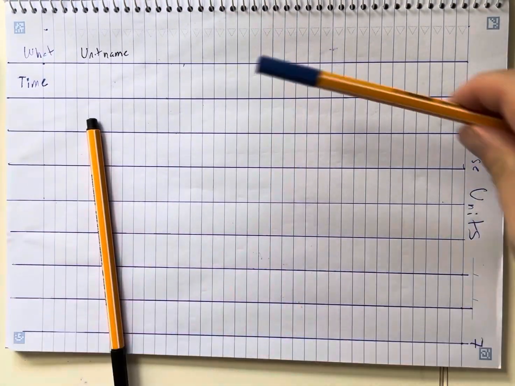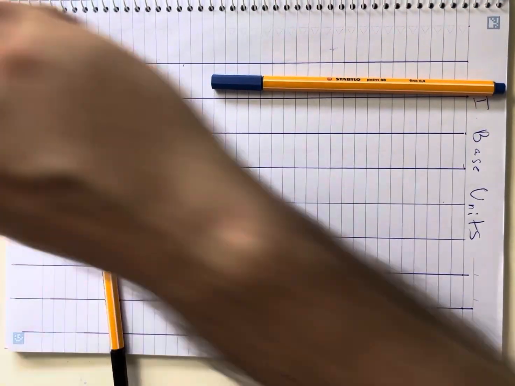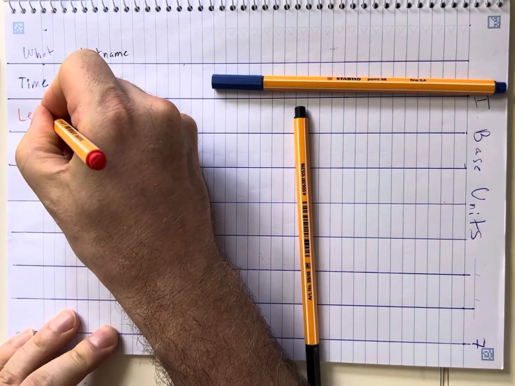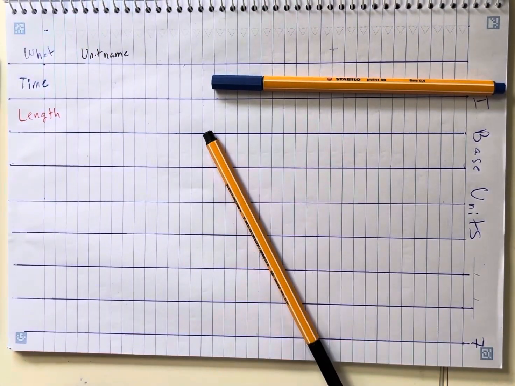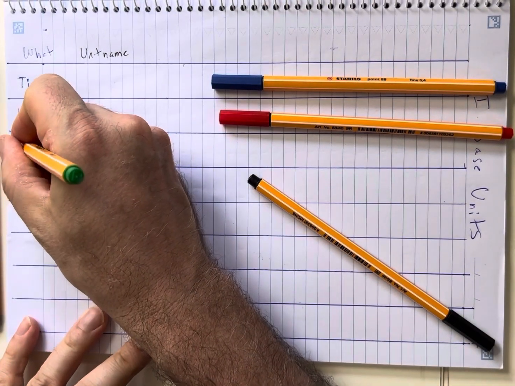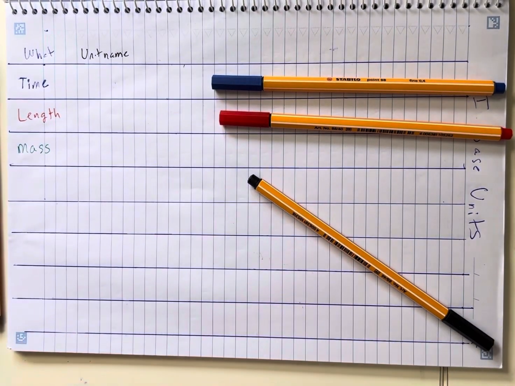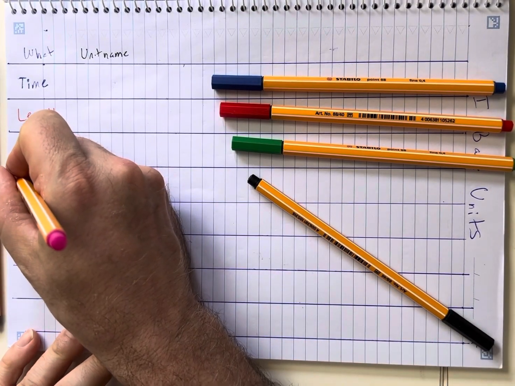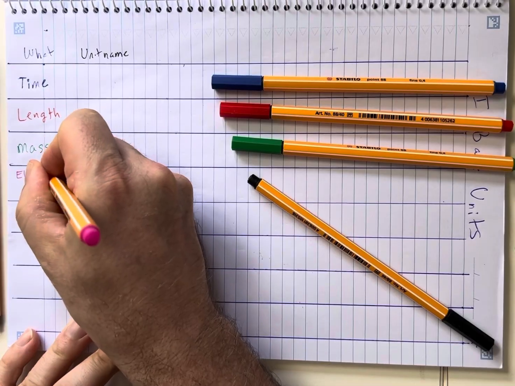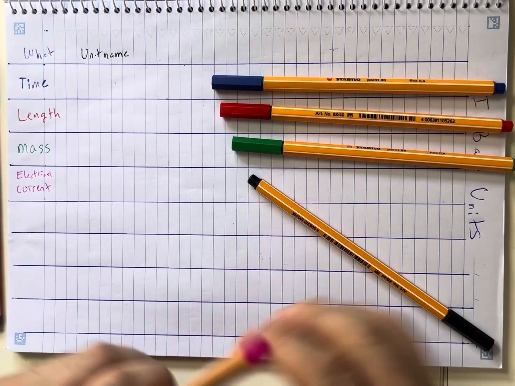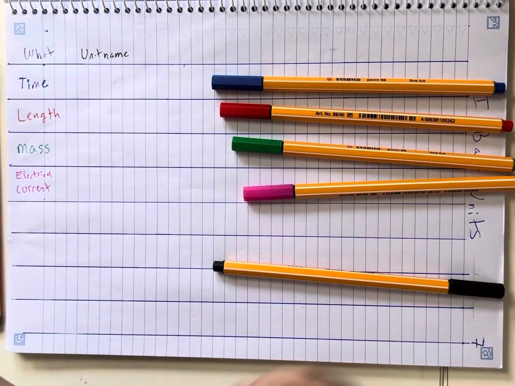So we have time. We've got length. We've got mass. We've got electric current. Put that there.